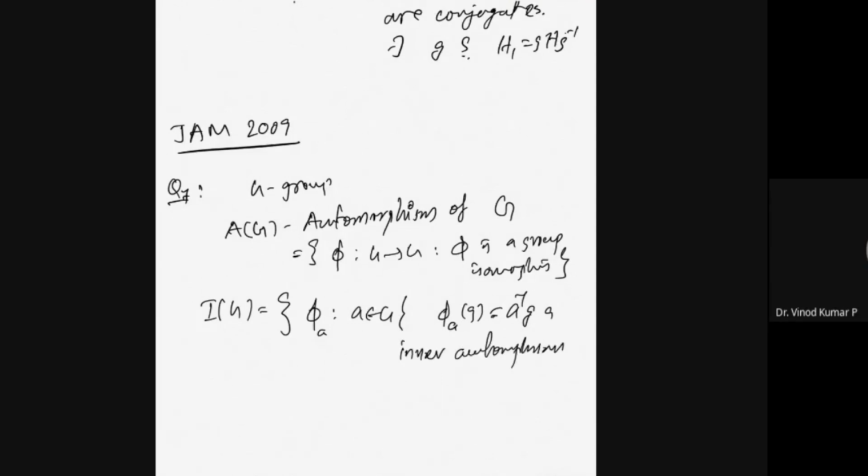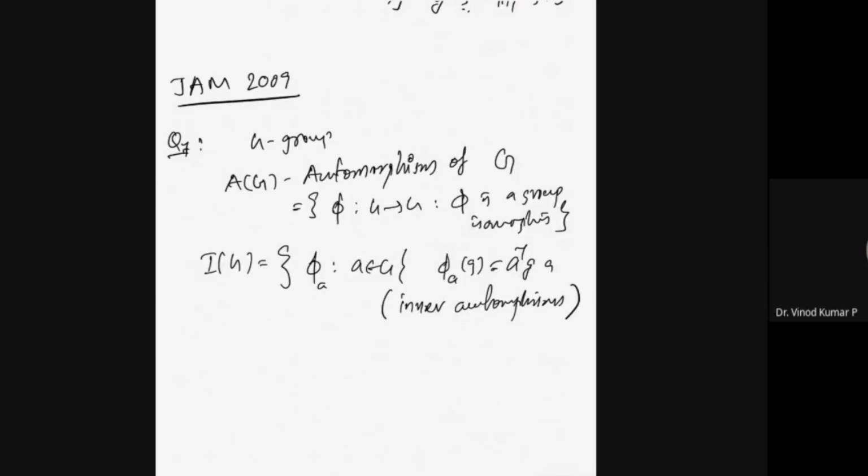Okay, so the first question: you can easily check that A of G is a group and I of G is a subgroup, and the question is to show that I of G is a normal subgroup.